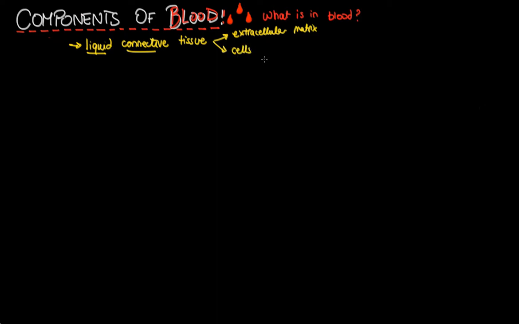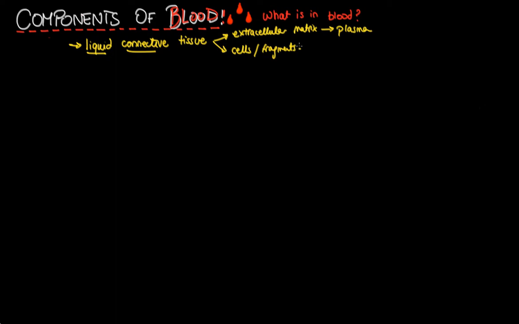And so in this blood category, our extracellular matrix is known as plasma. And then we also have cells and cell fragments. And so we're going to look at what those are throughout this clip.